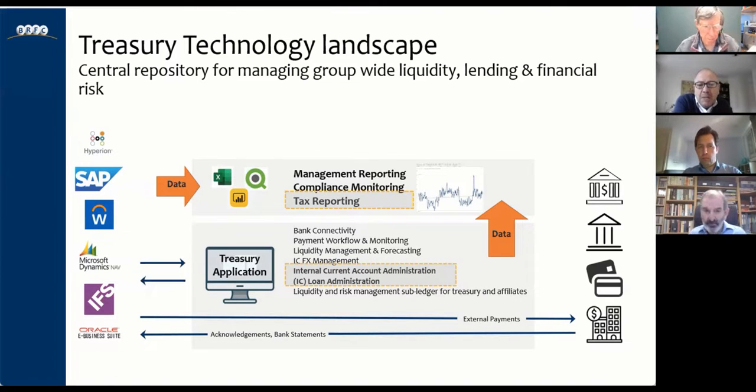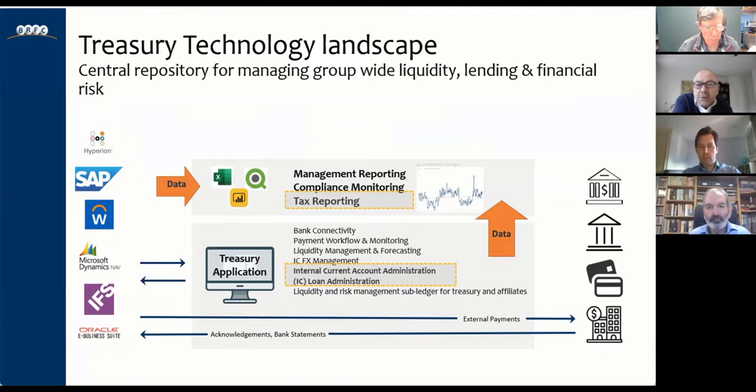But what I mean here is that you can leverage this whole technology stack for more detailed reporting, not only for management reporting and compliance monitoring, but now also for tax reporting. At some point in time, your tax colleagues will need to fill the local and the global tax file, and they need all kinds of information about the loans outstanding.